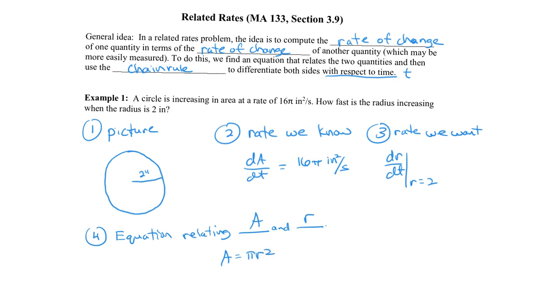So whenever we get to step 4 on one of these problems, look at these variables here. Think of the geometry of the picture. It'll usually be something that has to do with the geometry of our picture involving these variables, whatever they are. So in this case, you've got a circle, and probably the thing that you would think of is area equals pi r squared. Okay, so that is step 4.